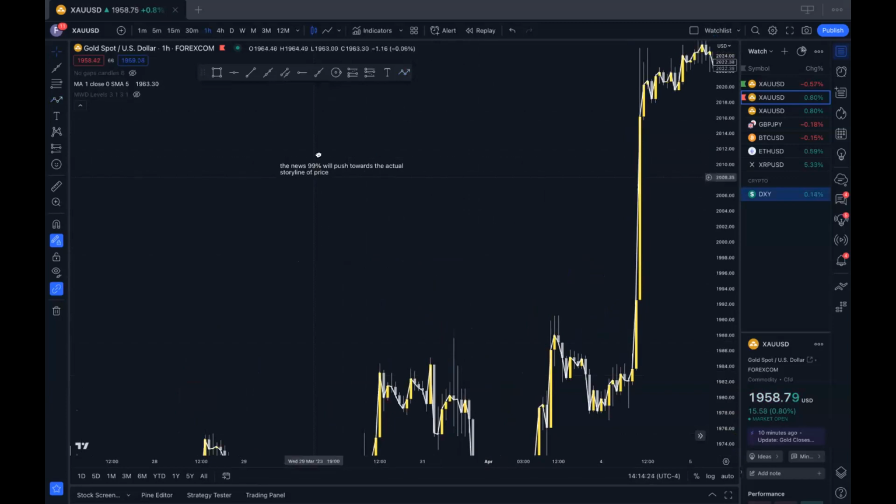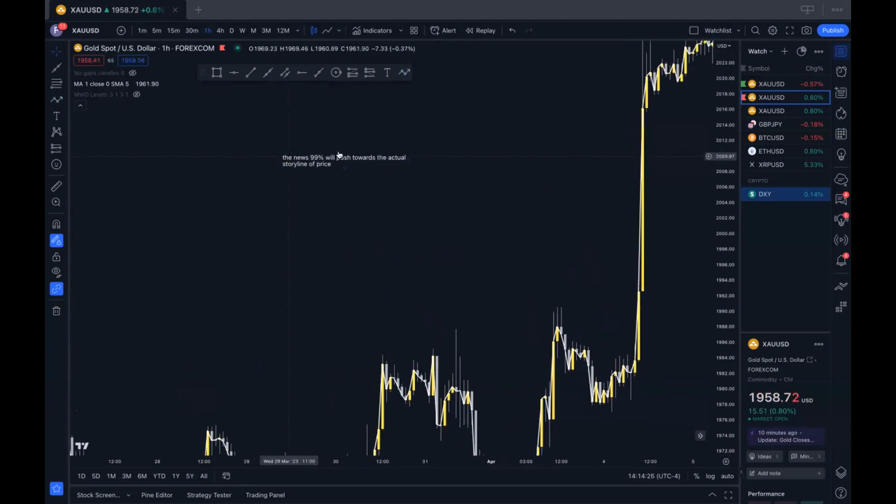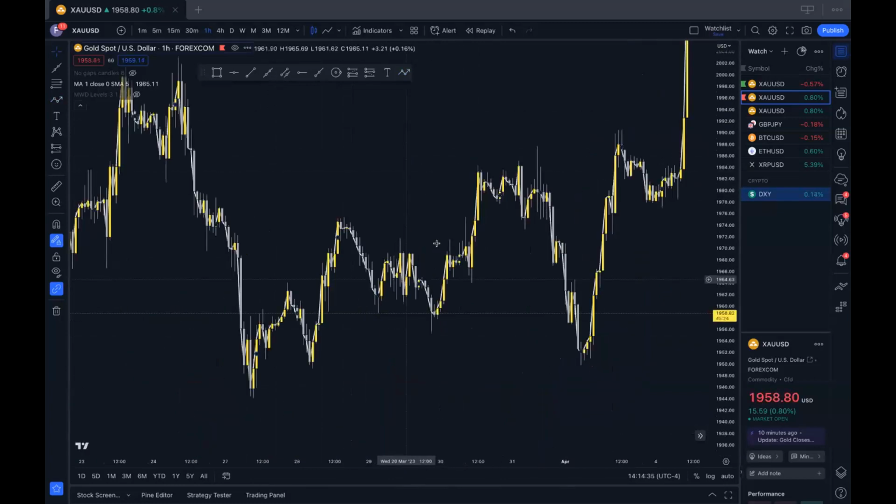This is a bad example, but just remember this. News will push towards the actual price, the storyline price. We'll go over that as well at another time.